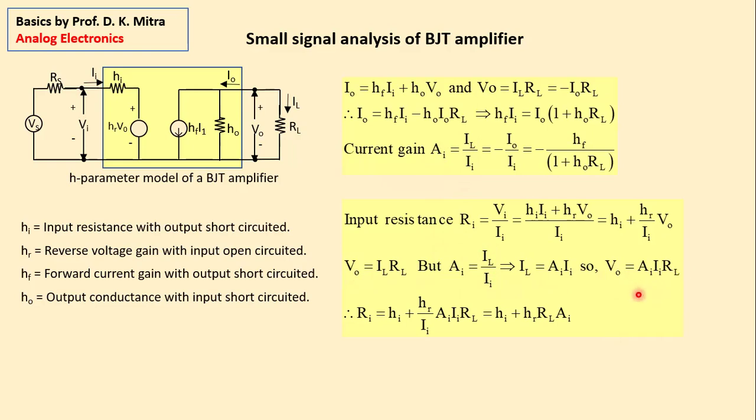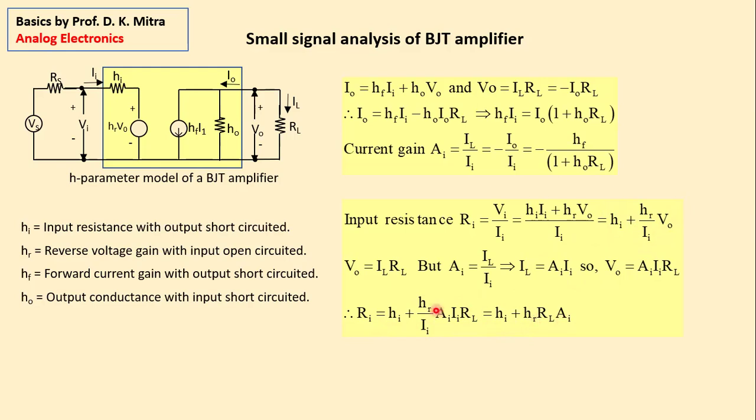Now, what is the input resistance? Input resistance is the expression we have found, HI plus HR by II times VO, and VO is replaced by this term. So this II and this II get cancelled. So this is HI plus HR RL AI.